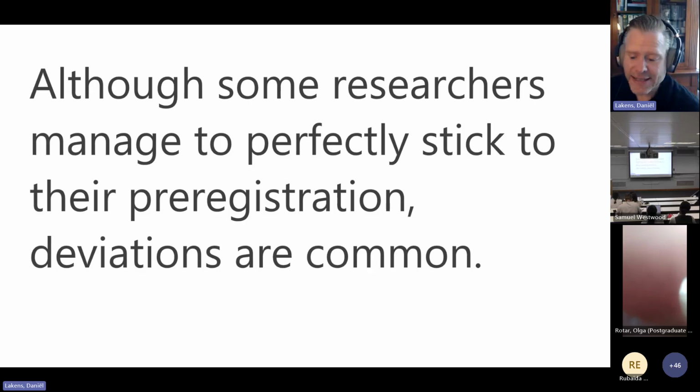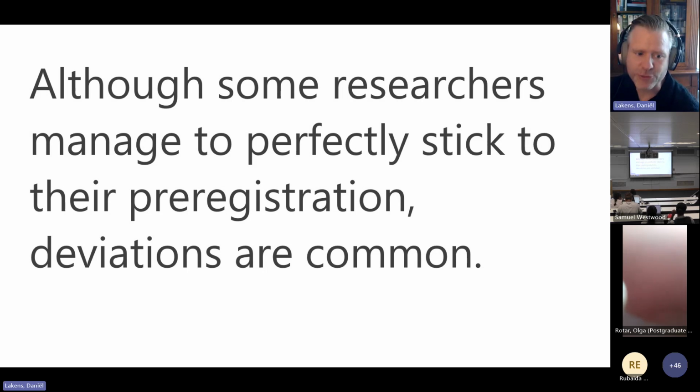All right, then the last part, which is about deviating from your pre-registration. That was supposed to be the main part of the second part, but I think we don't need to talk about it too long. We'll see. So first of all, it's important to point out that some people, especially if they have experience with pre-registration, so they're a bit experienced, and they have some experience with their research line, are able to make a pre-registration and perfectly stick with it.